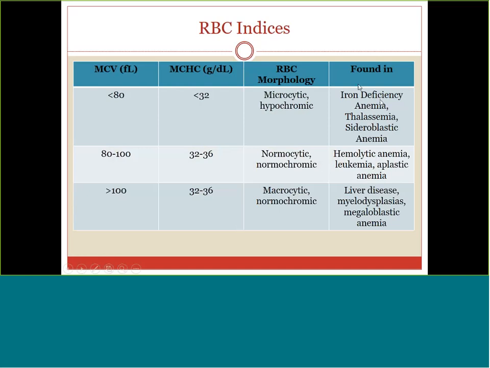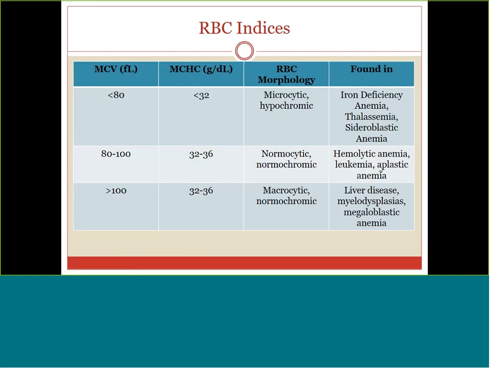And then again, here are some of those anemias. Iron deficiency, thalassemias, sideroblastic, very much microcytic type anemias. You could also add anemia of chronic disease. That would be microcytic. Normocytic is hemolytic anemias, aplastic anemia, sickle cell anemia would be normocytic, and your anemia of chronic disease actually can fit here too.